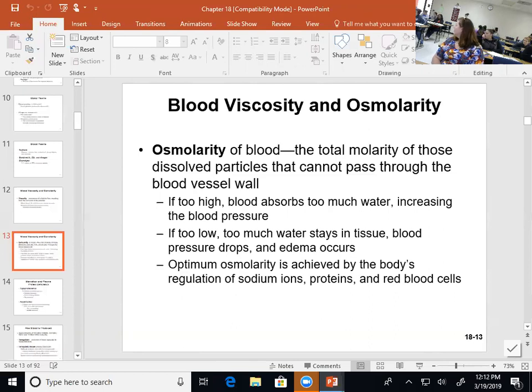Don't think that high blood pressure is always a bad thing. Having a low blood pressure, if it's too low, is called what? Hypovolemic shock. And shock is dangerously low blood pressure. So we have a lot of mechanisms that help to bring up blood pressure. So don't always think it's a bad thing. And all of these things are working in unison.